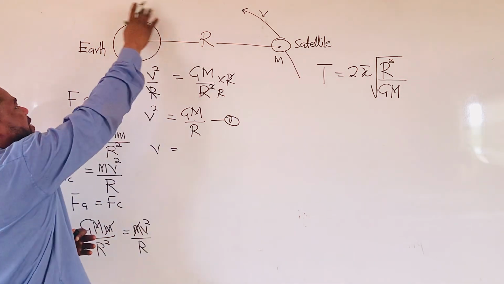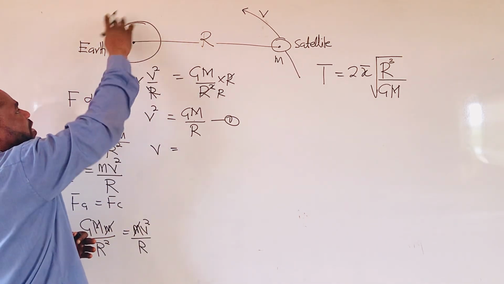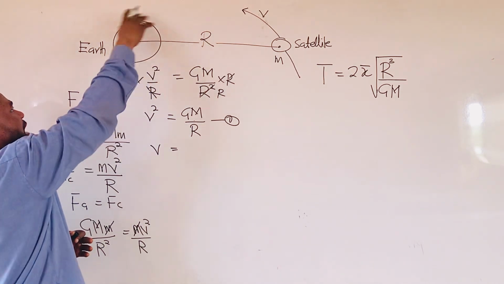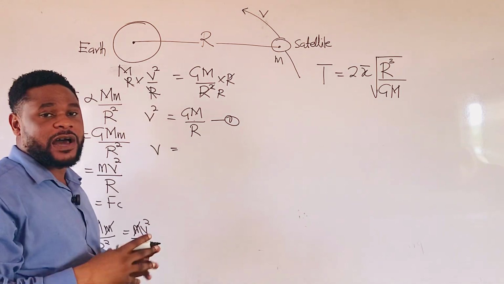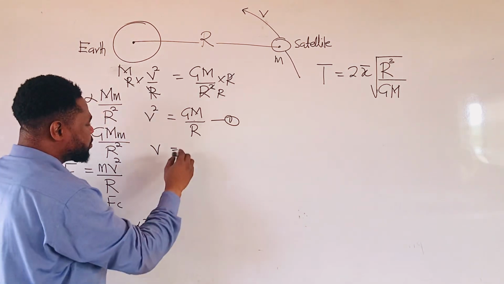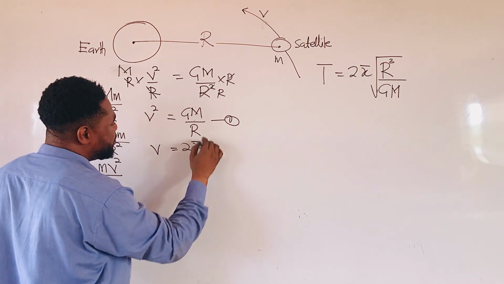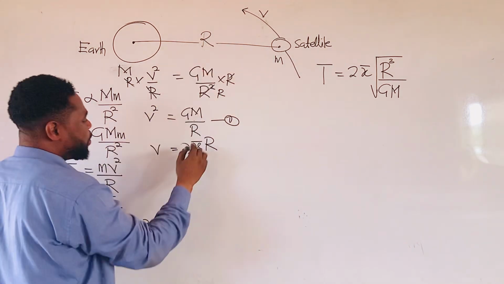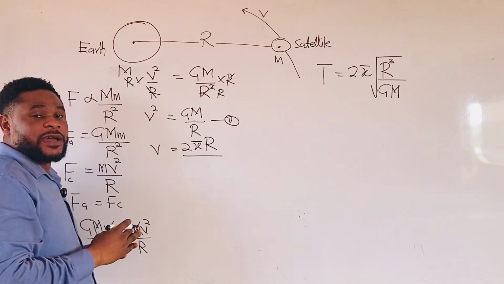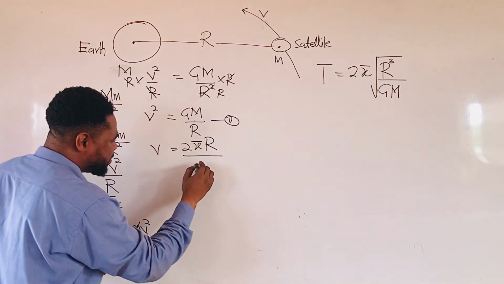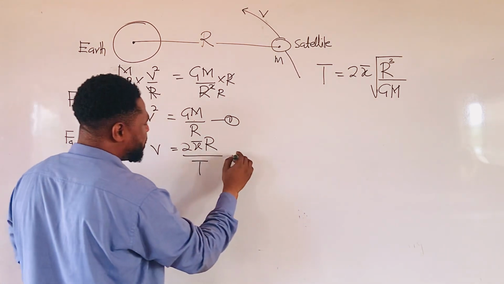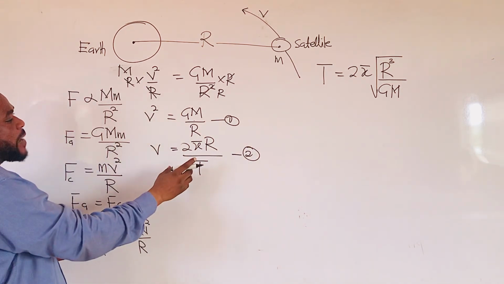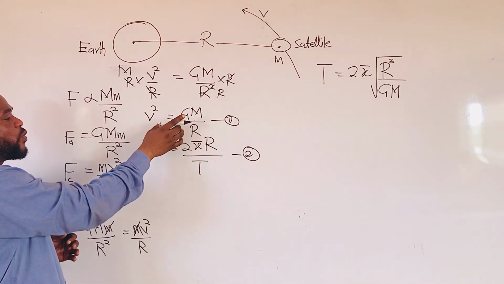But here, the distance we are going to talk about, because the earth is spherical, is going to be the formula for the circumference of a circle, which is 2 pi big R, where R is the distance between them, all divided by the time, and the time we use is the period, so capital T, as we can see. Then we name it equation 2.